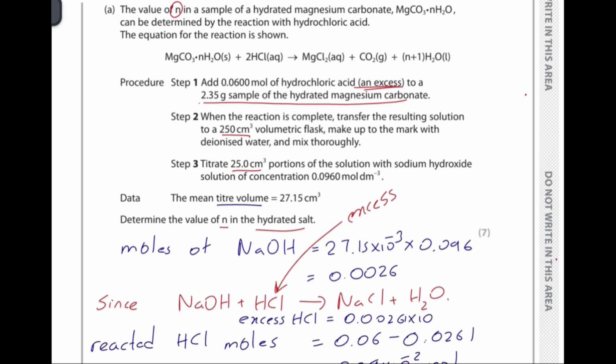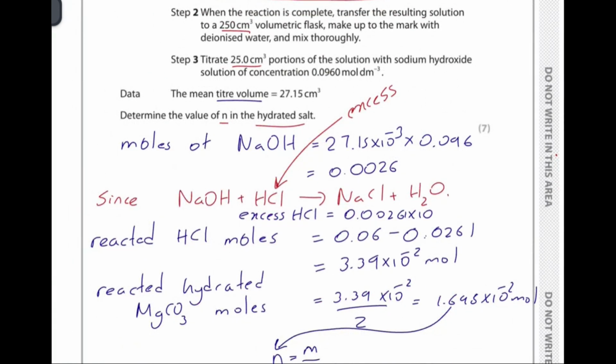So by subtracting that value from the initial number of moles of HCl, we can find out how many moles of HCl reacted in the reaction, right? So here we should work out the number of moles of excess HCl. To do that, we should find out the moles of NaOH in the titre. We multiply the titre volume by 0.096, which is the concentration, and divide it by 1000 since the volume is given in cubic centimeter, right?